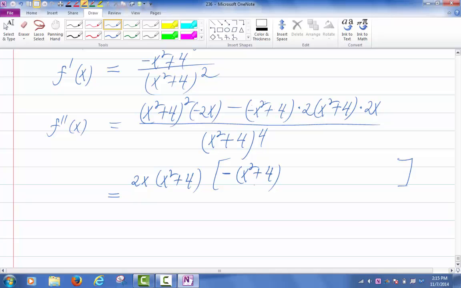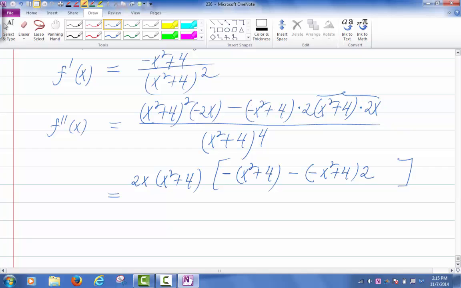I'll be getting negative x squared plus 4, right? And then here I will have negative x squared plus 4 and multiplied by 2 left, right? You agree with that? Because 2x times x squared plus 4, this whole thing here is being factored out.